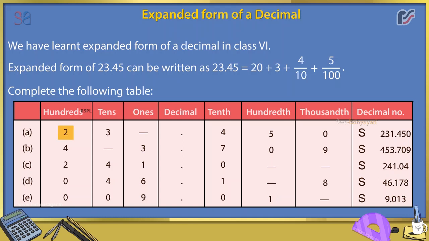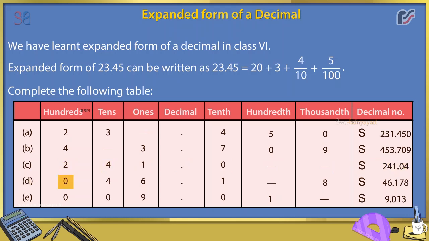A. 2, 3, blank, 0.450, 231.450. B. 4, blank, 3.709, 453.709. C. 2, 4, 1.0, blank, blank, 241.04.